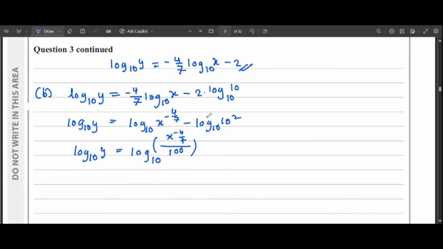In the first step, I have written 2 into log 10 because we know that log 10 is equal to 1. So log 10 into minus 2 would be equal to minus 2. So our equation does not change.